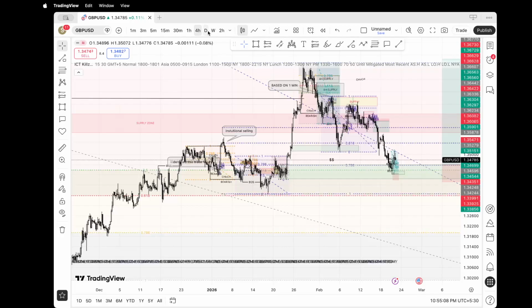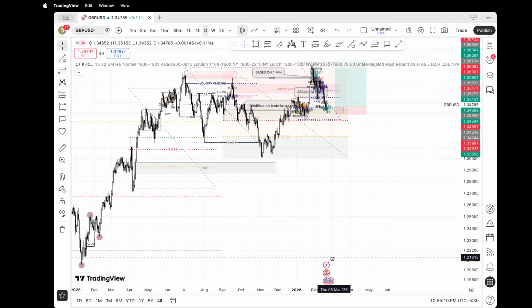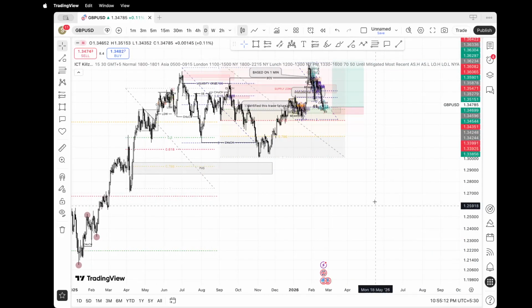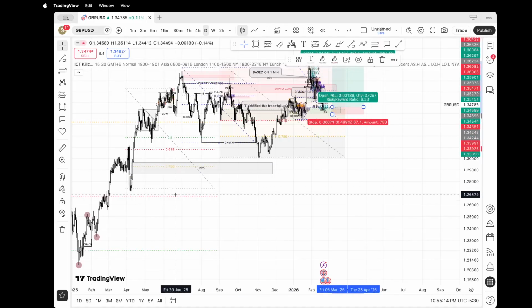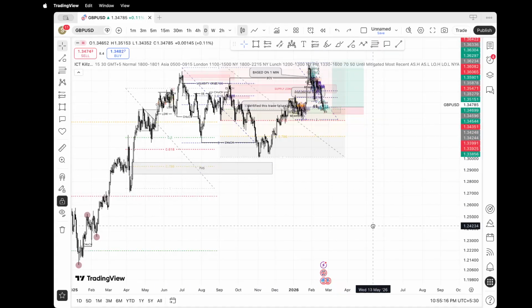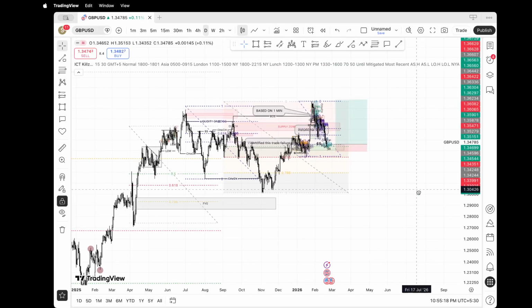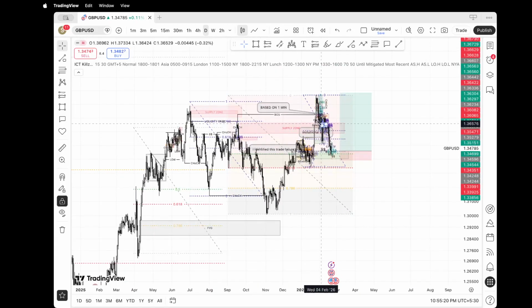The overall trend, if you see, is bullish, but it is retracing. Okay, overall it's bearish, but it is retracing. It was in the premium zone and now it has tapped into a good zone. So from here we can expect new buys. Let's see how it plays.